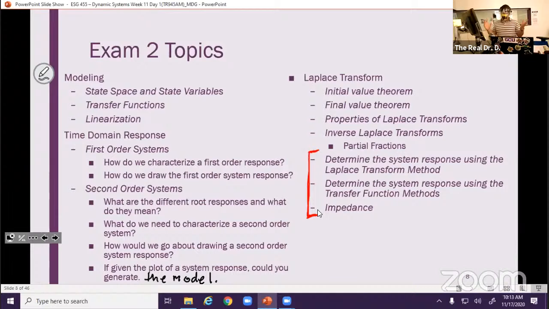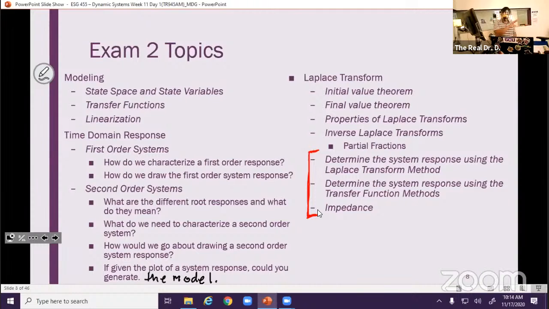So you have your model, you have your differential equation, you take a Laplace transform of both the outputs and the inputs, and then you solve it for your output variable. Then you run through your partial fraction expansion, and that's that, right? Then you match it up with the Laplace transform table, and get your things out. Invert it, inverse Laplace. So how is the transfer function method different?